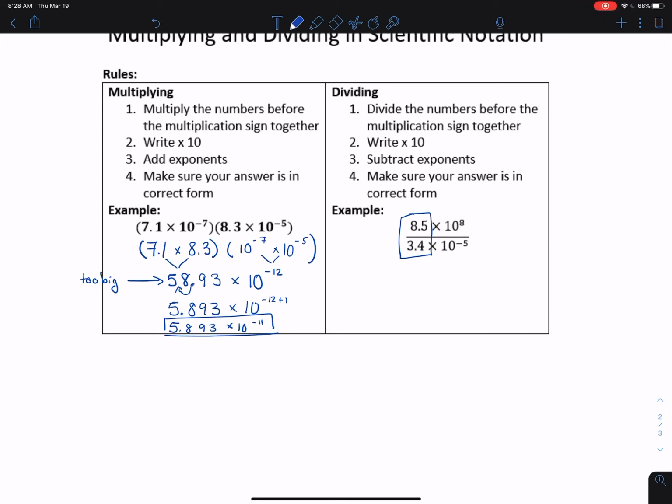So if we have 8.5 divided by 3.4, that gives me 2.5 times 10. When I divide my exponents, I subtract them. So I have 8 minus negative 5. I know when I'm subtracting a negative, I'm really adding a positive. So for my final answer, I'll have 2.5 times 10 to the 13th power.